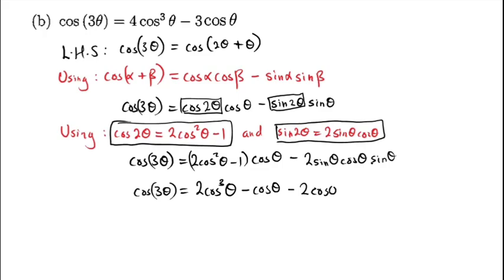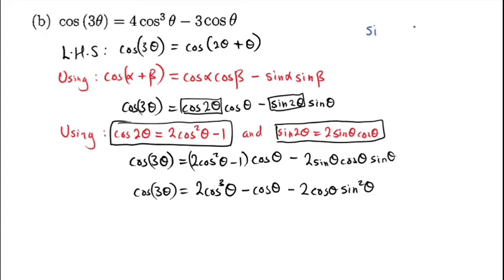Now if you look at the right-hand side, we just have one sine. But if you look at the original question, we do not have a sine on the right-hand side. So we need to get rid of that sine, and to do that, we're going to use the Pythagorean identity. We know that sine squared plus cos squared is equal to 1.